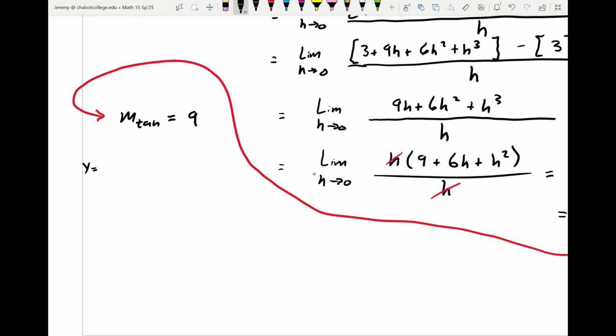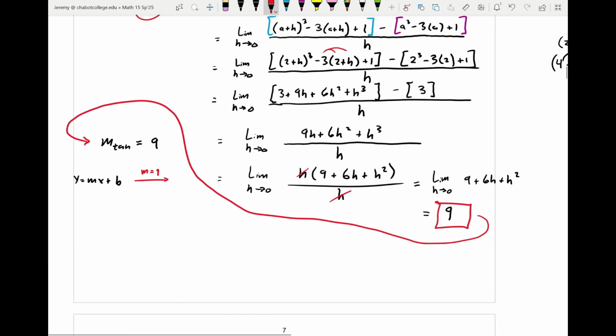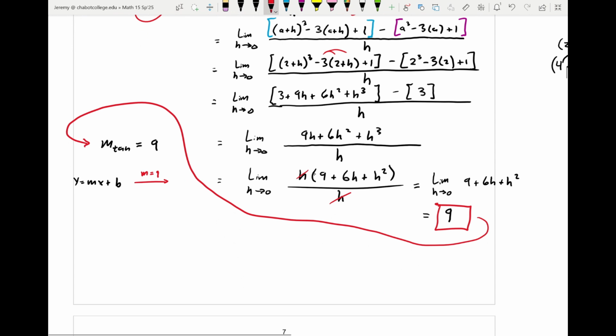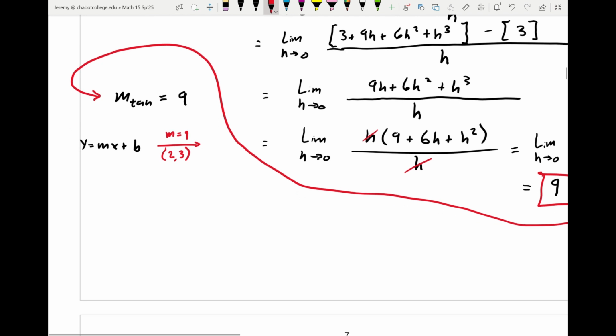So, okay, y equals mx plus b. I have that m is equal to 9. I can substitute in for x and y. Let's use the ordered pair that we were given, 2, 3, which I know is on the line because this is the tangent line at that point. So it has to contain that ordered pair 2, 3.